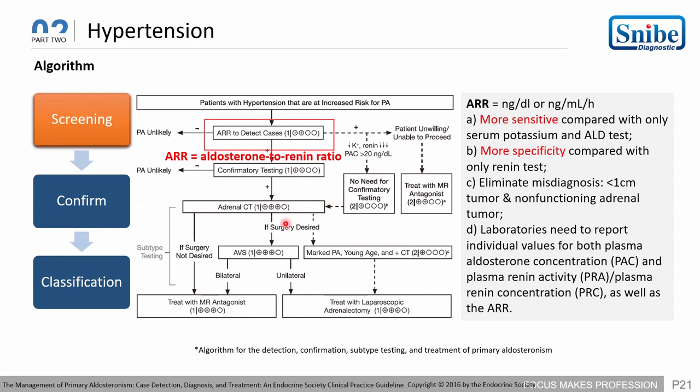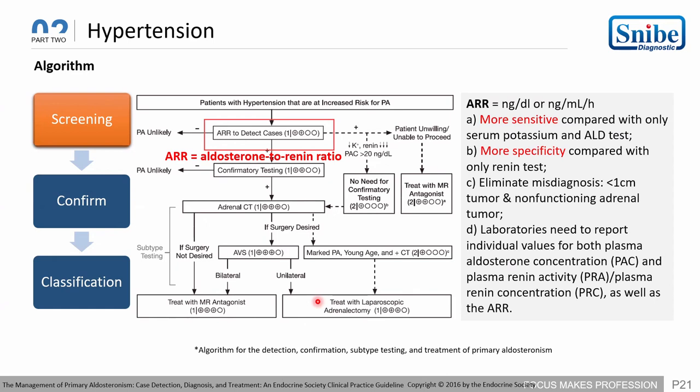Go for further no confirmatory testing if the potassium level is low and PAC is greater than 20. Then the adrenal, and if surgery is desired, they go for unilateral or bilateral treatment, with MR antagonist treatment or laparoscopic adrenalectomy.